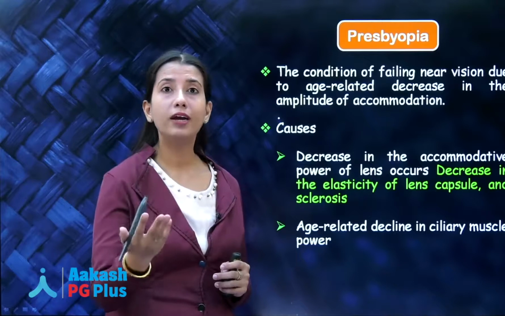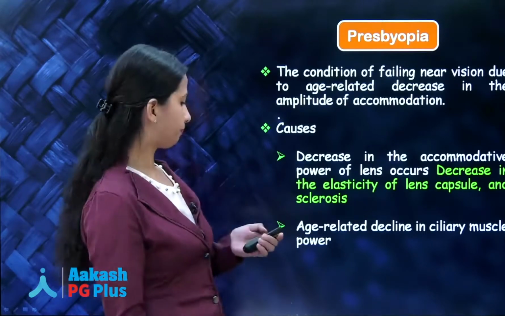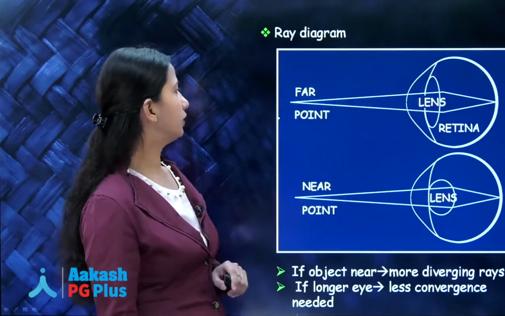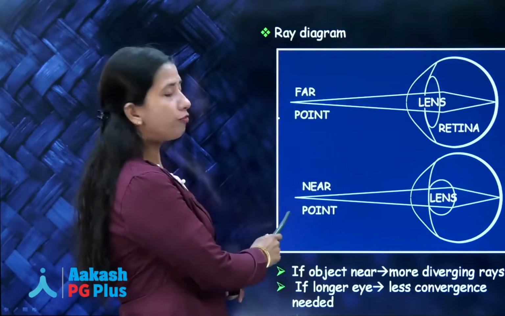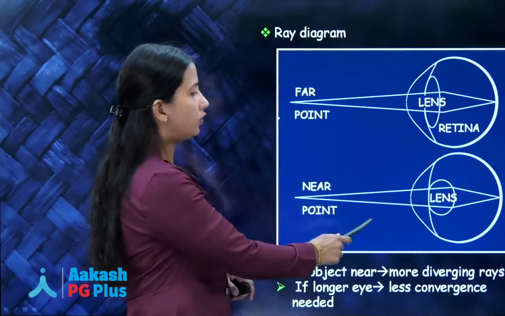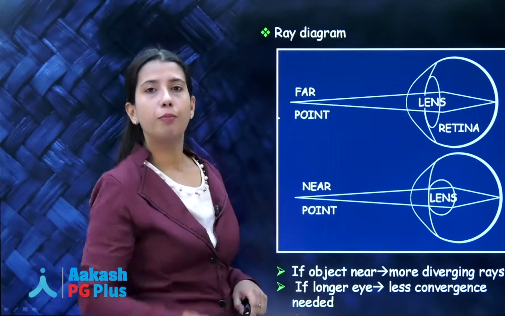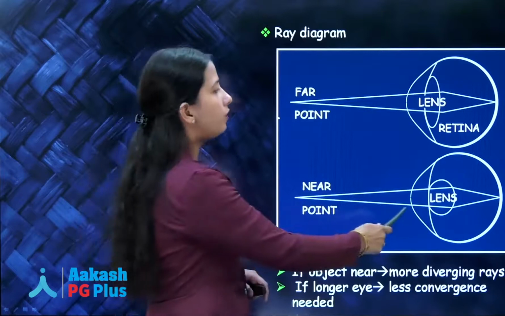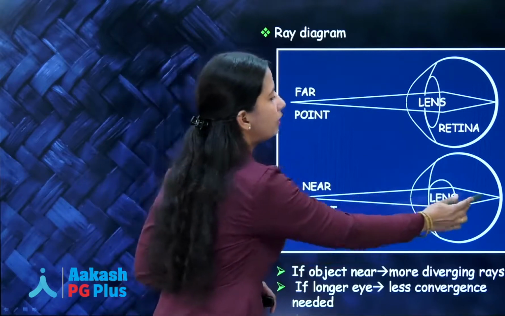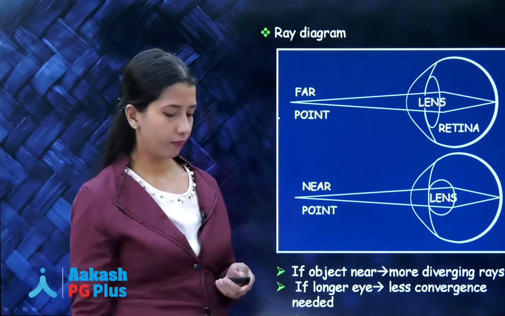So how we do that naturally? That is by accommodation. When the rays are coming from near point, they are more divergent. So the lens assumes a more spherical shape, a more convex shape. So it converges more and makes the rays focus on the retina.